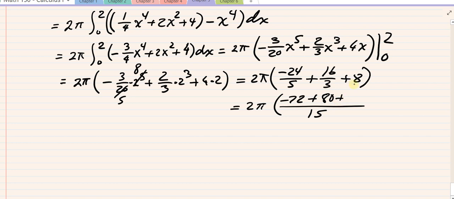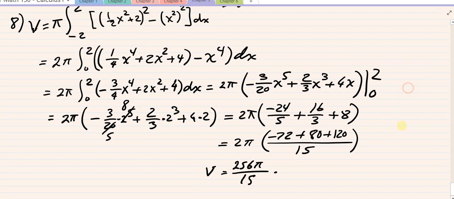And the last one, multiply top and bottom of 8 by 15, that's 120. Okay, and then combine like terms. That's 128. 128 times 2 is 256 pi over 15. There you go. That's going to be the volume of the resulting solid of revolution for that one.